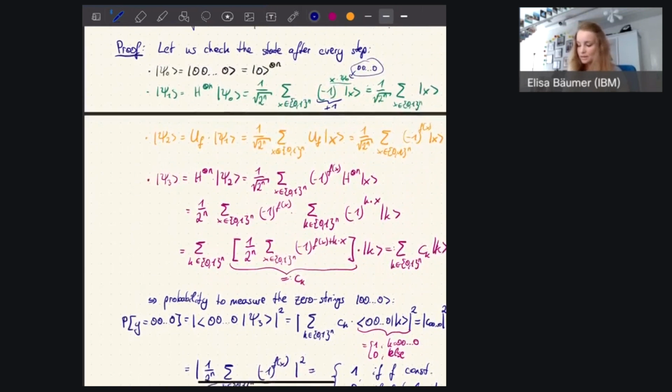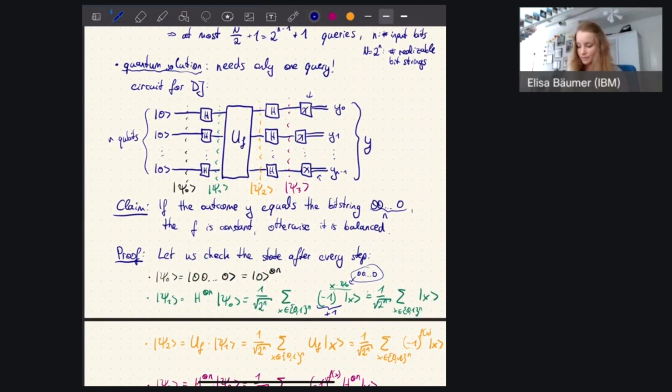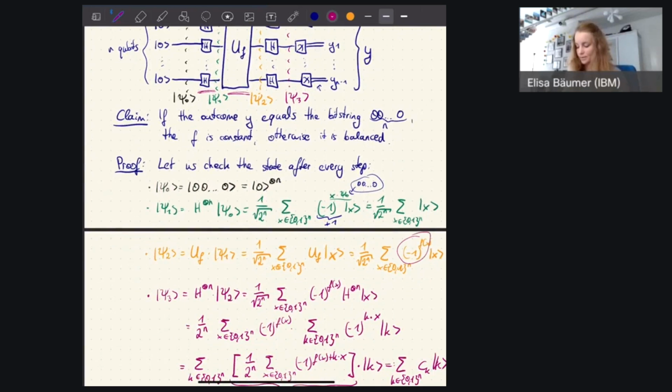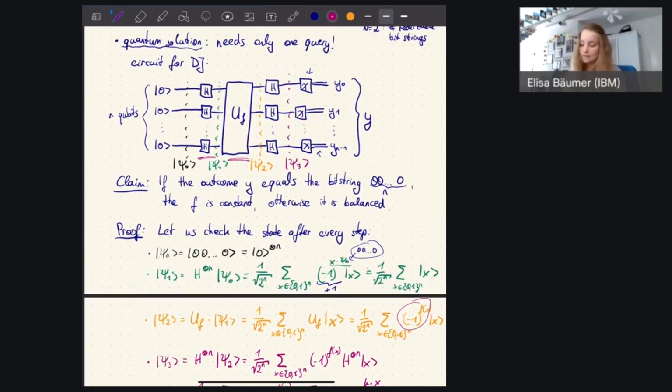I think there's actually also another intuitive way to see why this works. If I look again at the circuit, we first build an equal superposition with no phases at all. If we now apply the oracle, and it's, for example, constantly 0, then the effect of this oracle is none, because the minus 1 to the power f of x term doesn't do anything, since f of x is constantly 0.